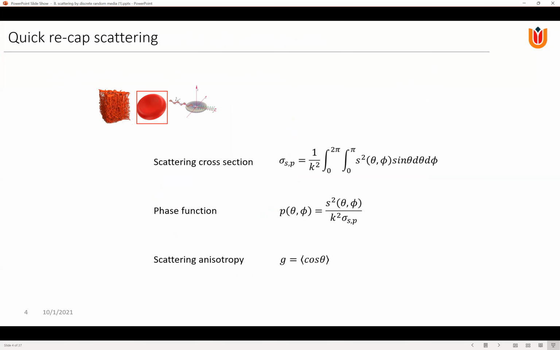Just to recap, the properties that we discussed for light scattering. So these were properties for single particles. We had an expression for the scattering cross section. Do you recognize this equation? Do you know what the terms in this equation are? So what is k, for example?